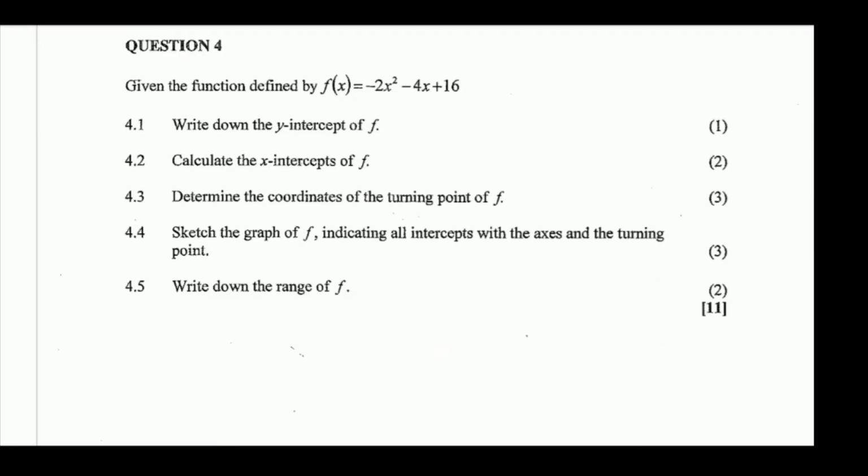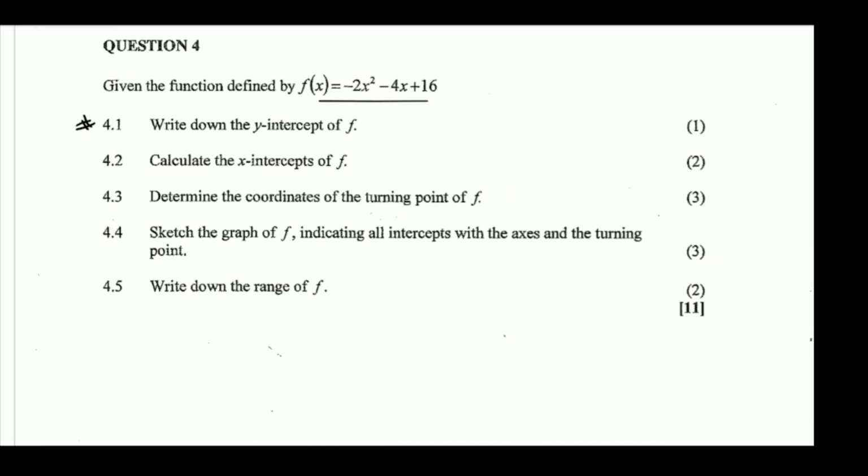So now in question 4, we are given the function f of x equals minus 2x squared minus 4x plus 16. In 4.1, we are asked to find the y-intercept of f.